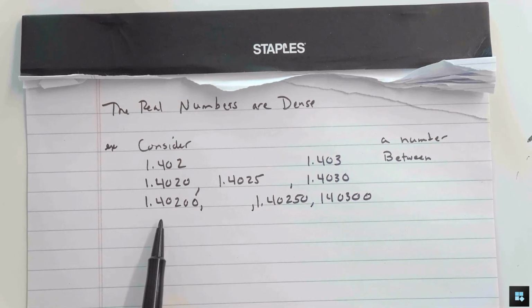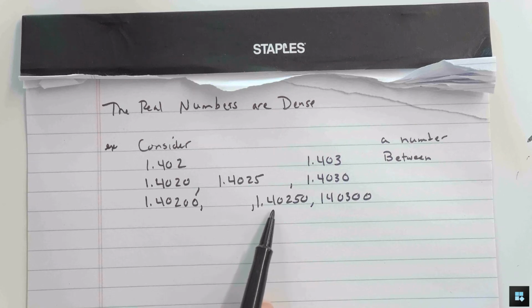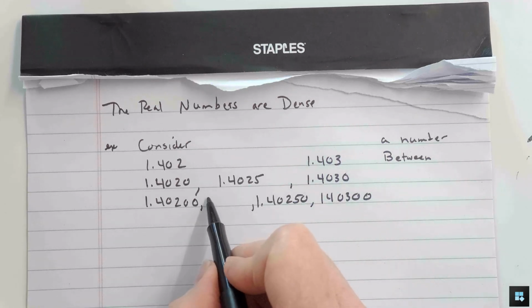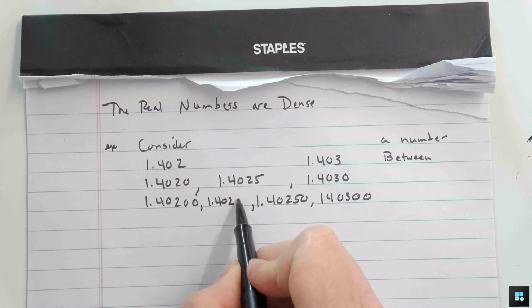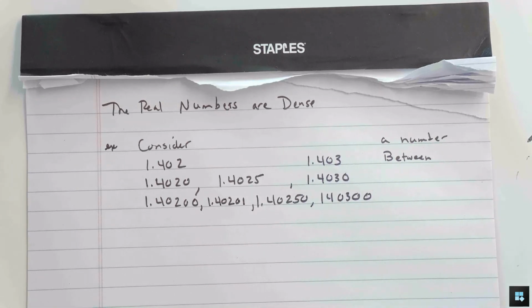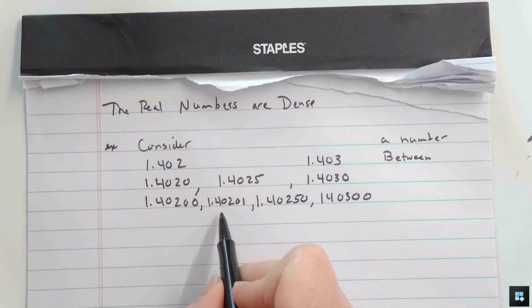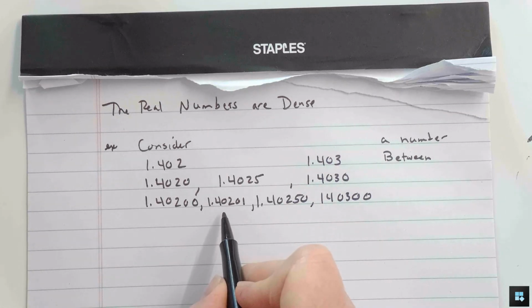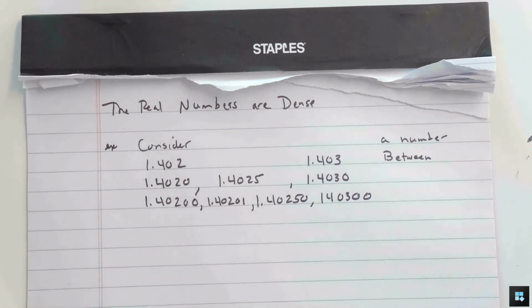So in between these, 1.40200 and 1.40250, I could put 1.40201. And there's actually infinite numbers. This is a rational number, but there's actually infinite numbers in between any of these two numbers.